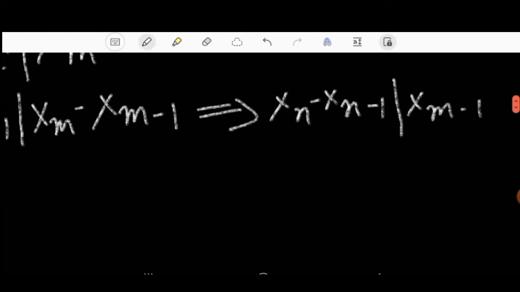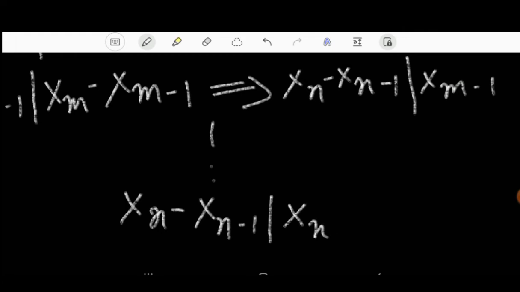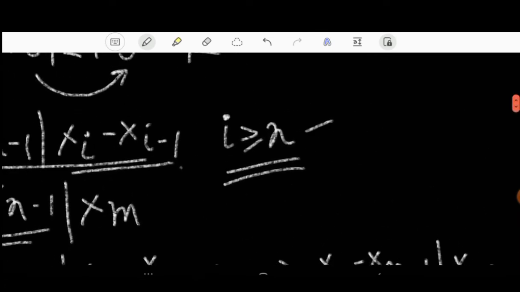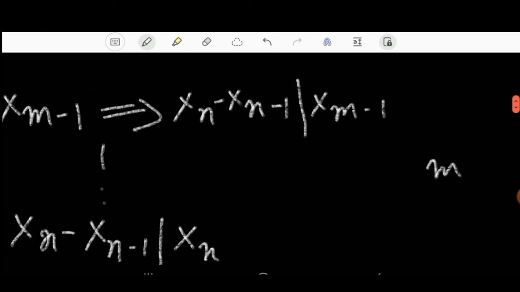So finally, after doing this several times, we can say that xn minus x(n-1) will divide xn itself, because here we know that i could be equal to n. Obviously, if you backtrack, m to m minus 1 to m minus 2, it will end up here at n.